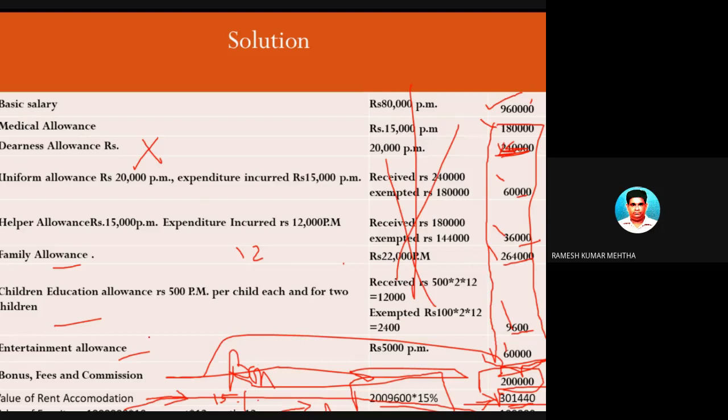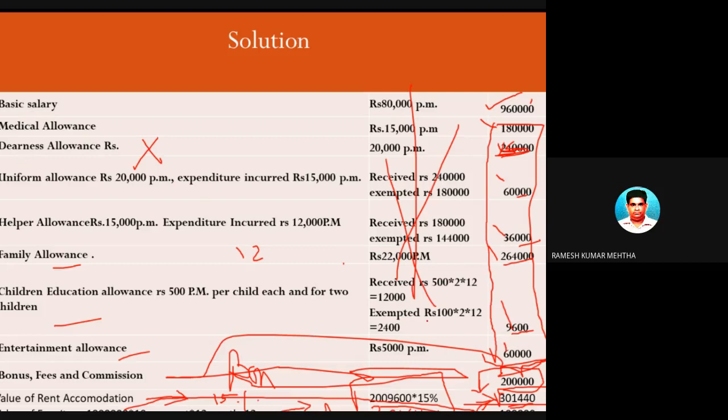Rent-free unfurnished accommodation is 3 lakhs 1,440, plus 1 lakh, so the value of rent-free furnished accommodation is 4 lakhs 1,440.